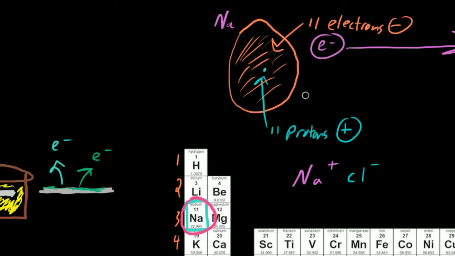I'm neutral. I don't have any charge. Shouldn't I be happy with that? And I guess you could say that there is a tendency that sodium maybe does want a very little bit to stay neutral, to not have a charge.